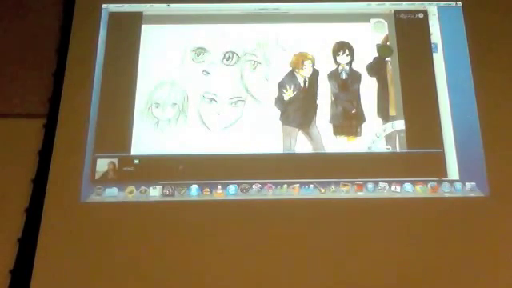Okay. We're gonna look at hands real quickly. All right. We can use this as an idea, but there's a lot of ways of doing hands.